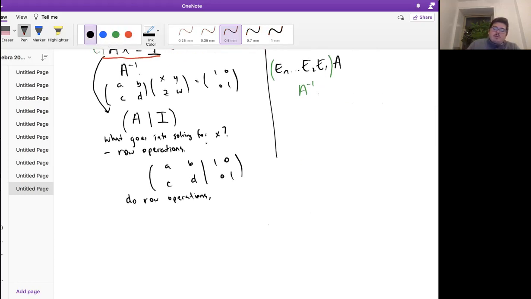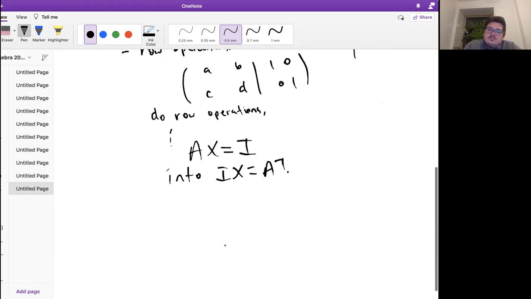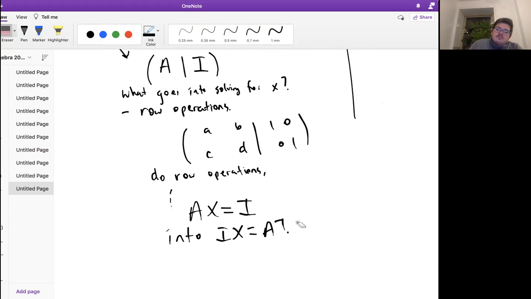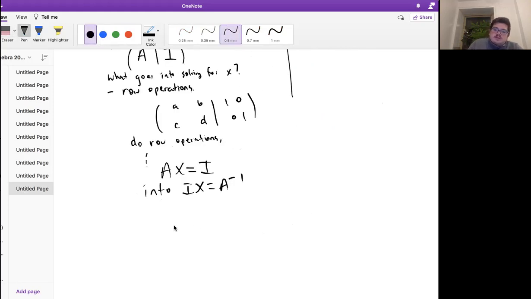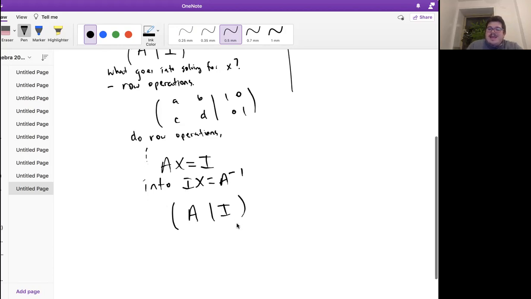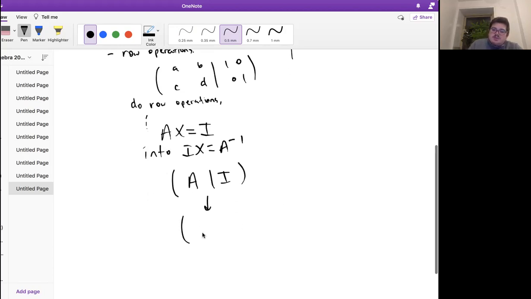So what we want to do is turn AX equals I into IX is equal to A inverse. So the idea is that when solving this augment, you want to do row operations to turn A augment I into I augment A inverse.